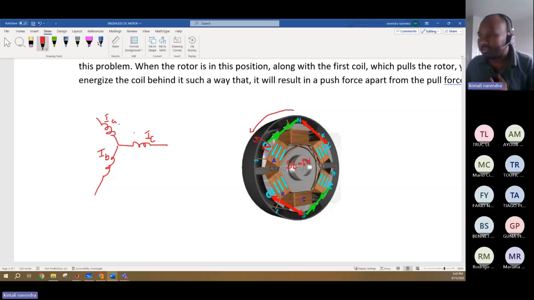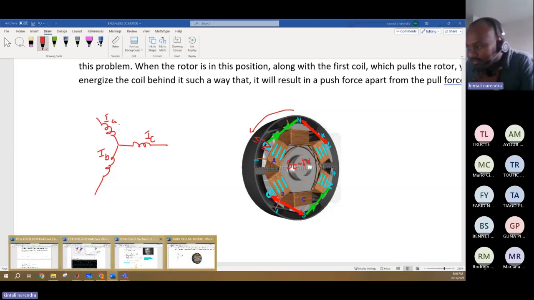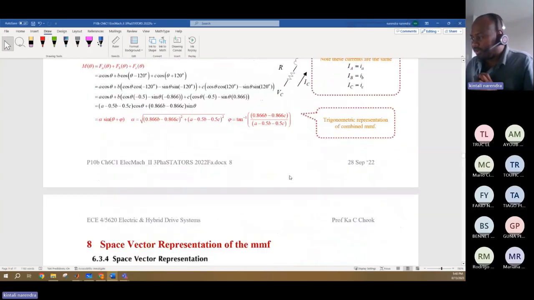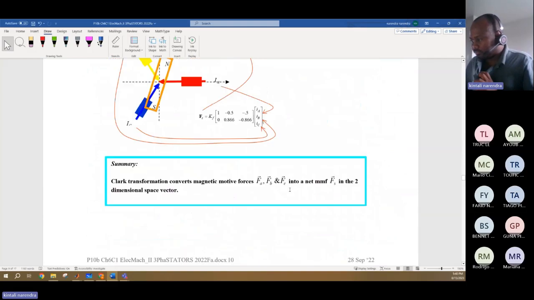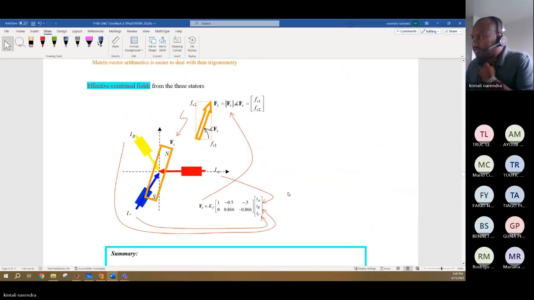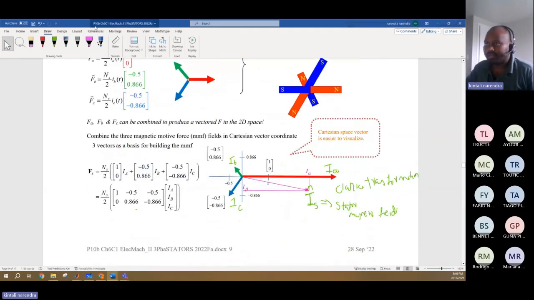How it is happening is, from this IA and IB and IC, I can figure out which one is dominant depending upon the diagram. See here. I hope this will be more clear.